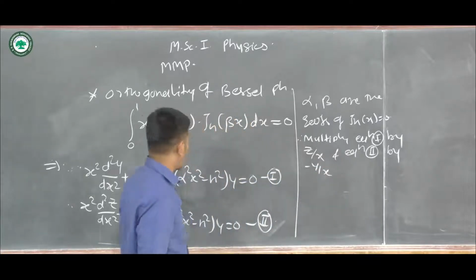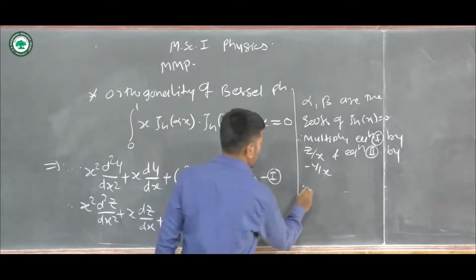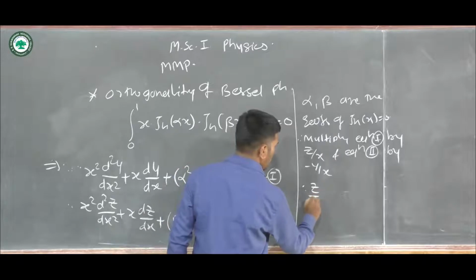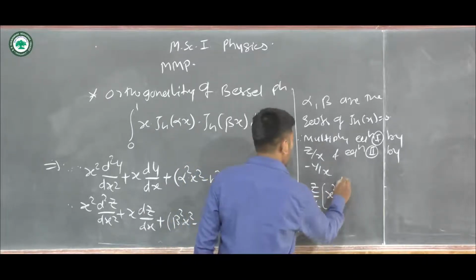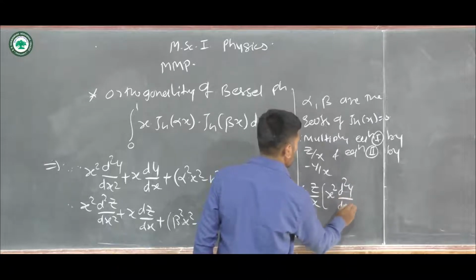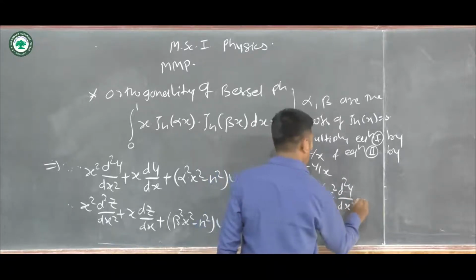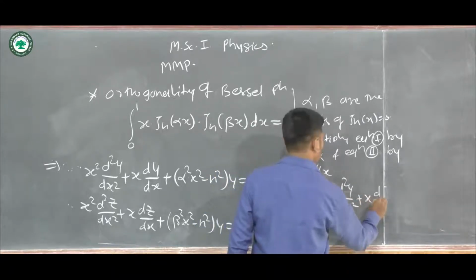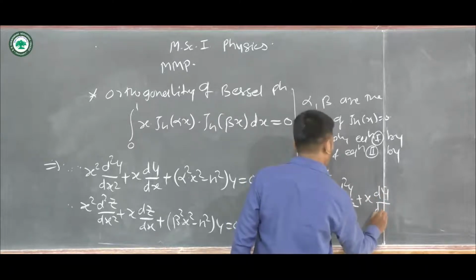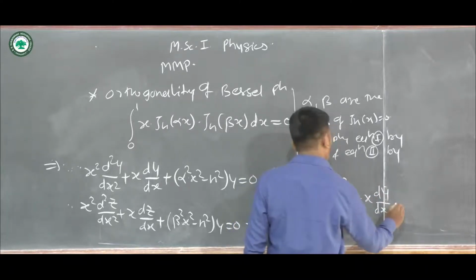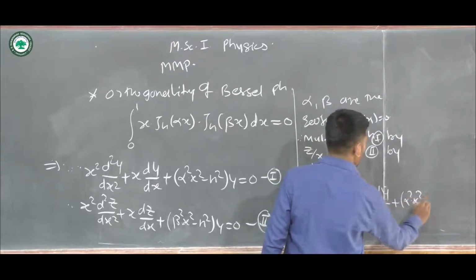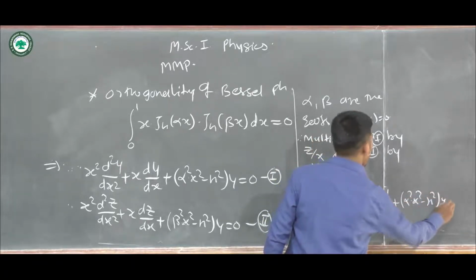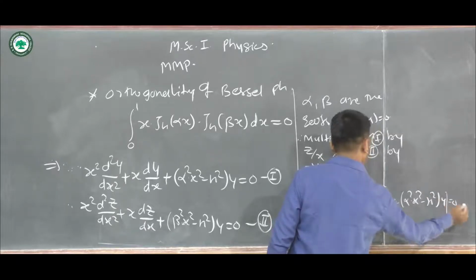So if I multiply with z by x, the expression becomes z by x into x square d square y by dx square plus x dy by dx plus (alpha square x square minus n square) y is equal to 0.